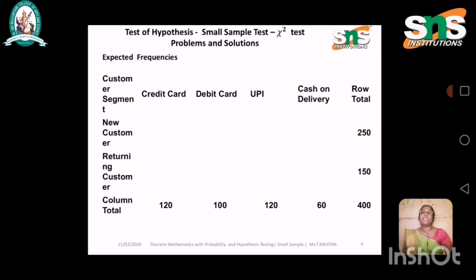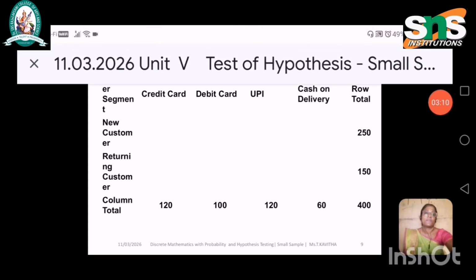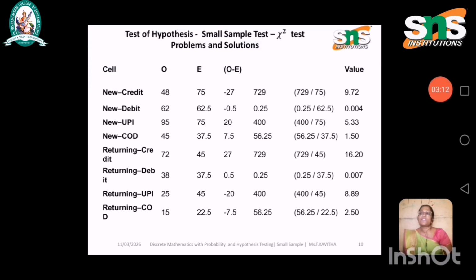Now we calculate for new customer, credit card, debit card and so on. For new customer credit card, observed frequency is 48 and expected frequency is 75. O minus E is 48 minus 75, that is minus 27.